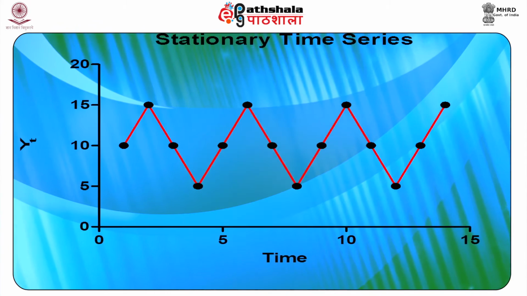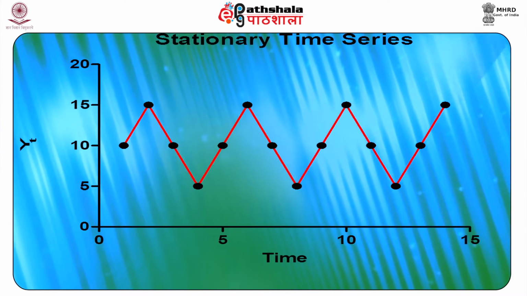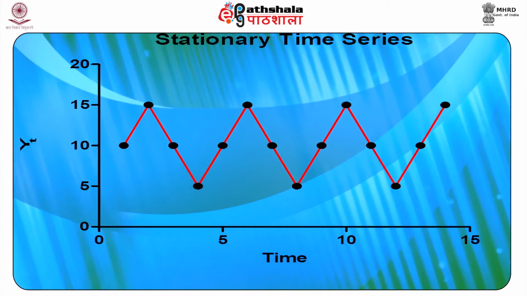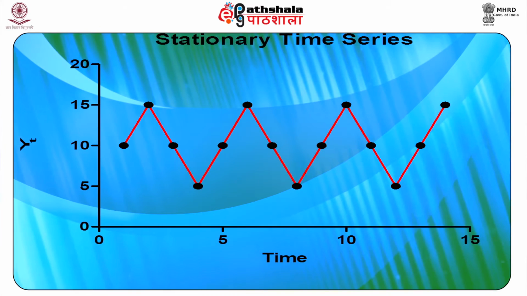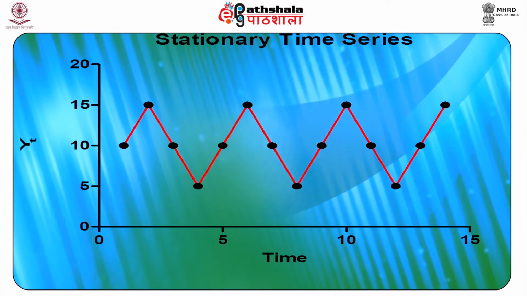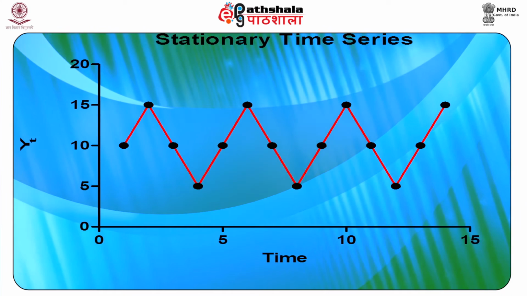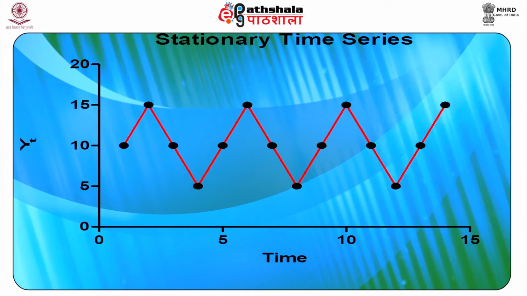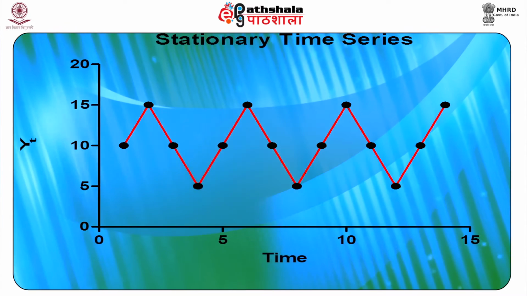For example, in our figure 1, it is clearly visible that the variable yt is showing a constant trend in its movement, thus implying constant mean and variance. In simple words, observations are fluctuating around a mean only. Thus, from the figure we can conclude that yt is a stationary series.